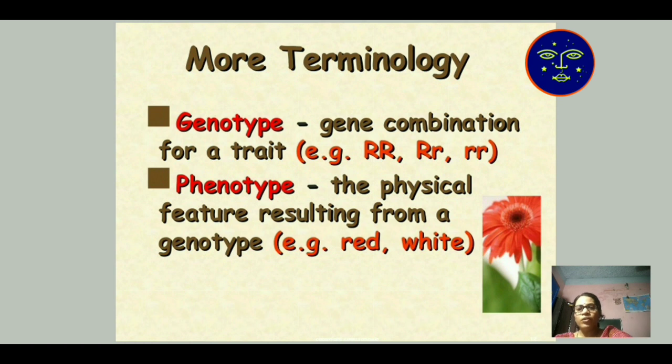Whereas phenotype is the physical feature resulting from a genotype, which is seen by our eye. If the flower looks red, the phenotype is red. If a flower looks white, the phenotype is white color.